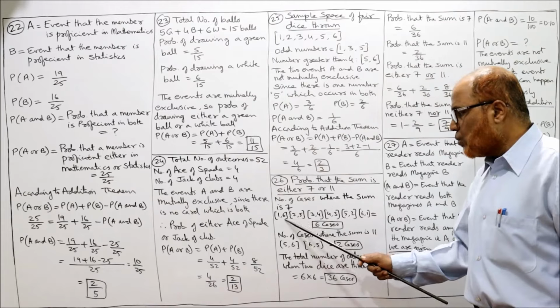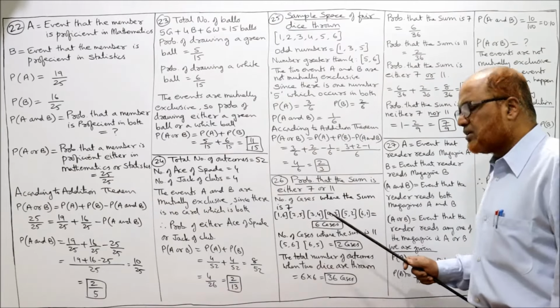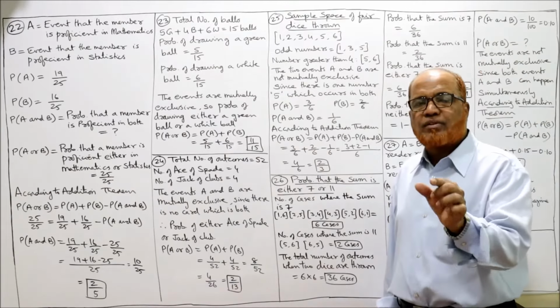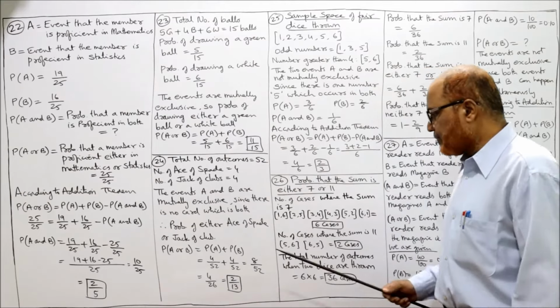So how many cases? 1 2 3 4 5 6. So in 6 cases we may get the total as 7.